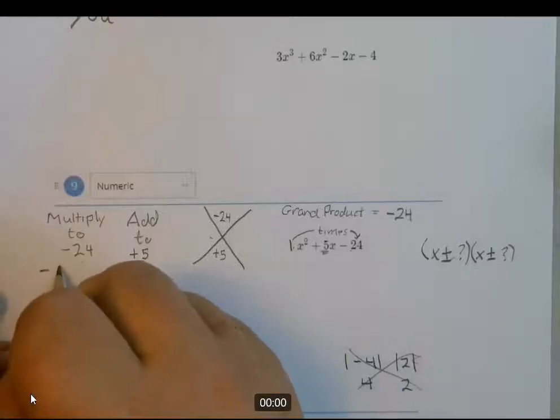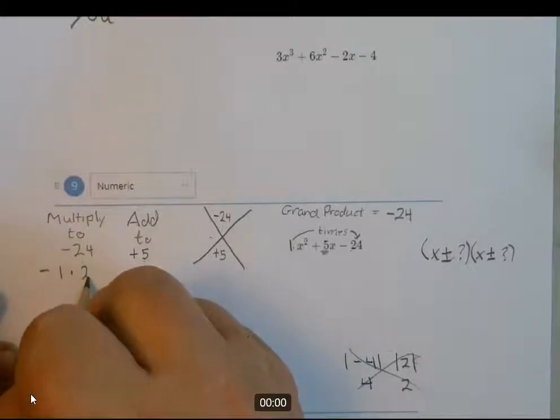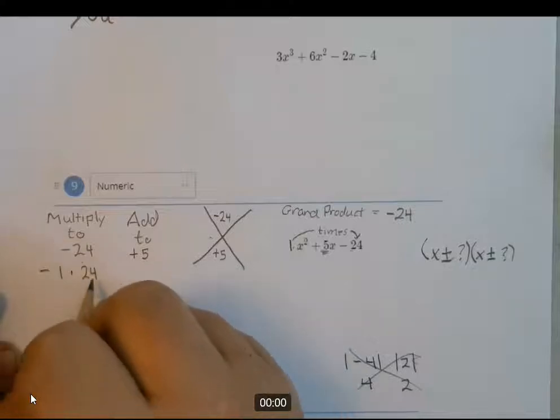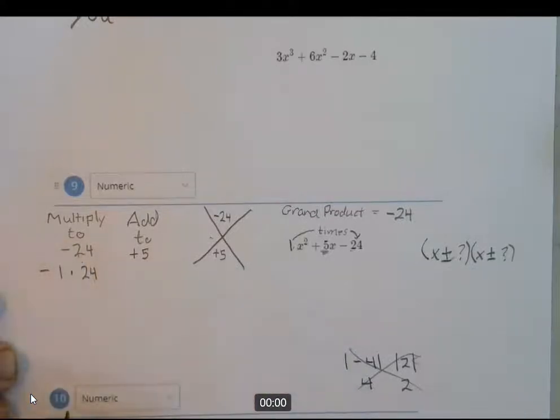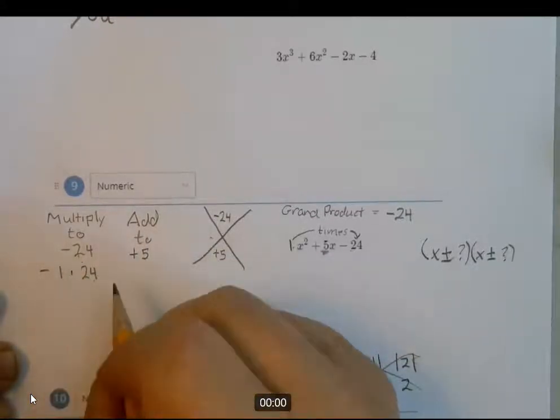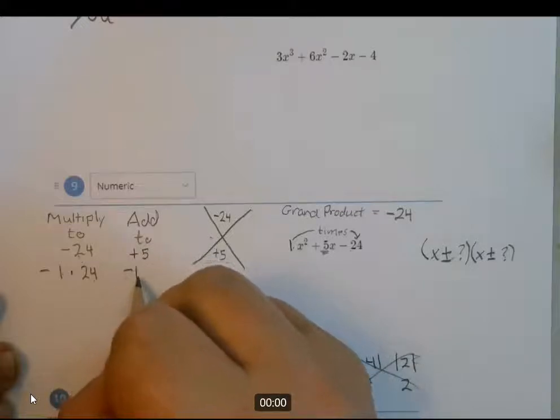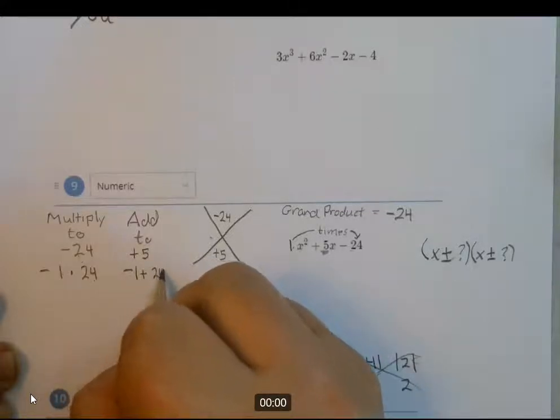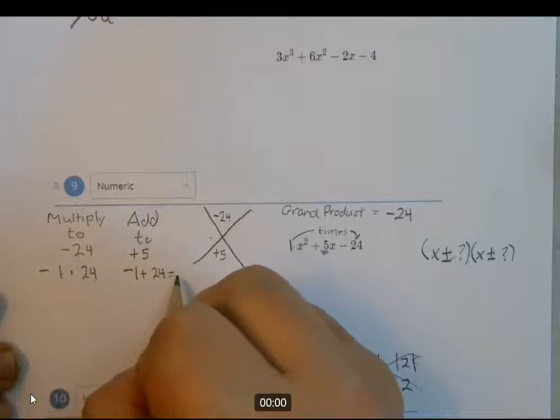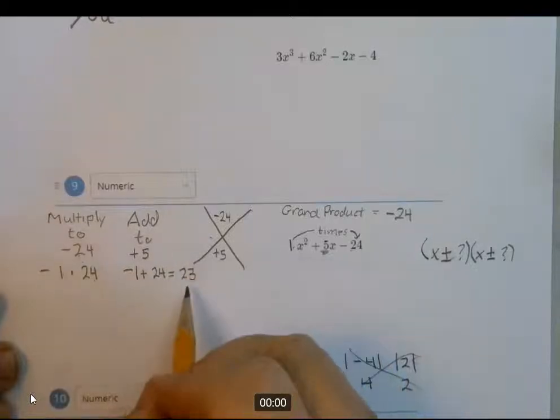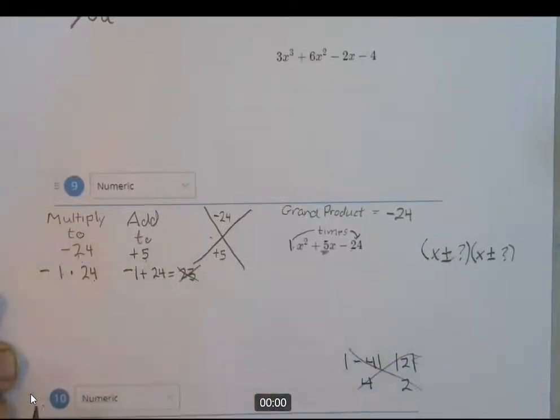I'm going to start with -1 times +24. -1 times +24 equals -24. Now I have to see if these two numbers add to 5. So I'm going to say -1 plus 24, which is really 24 minus 1, equals 23. So no, that does not add to +5.